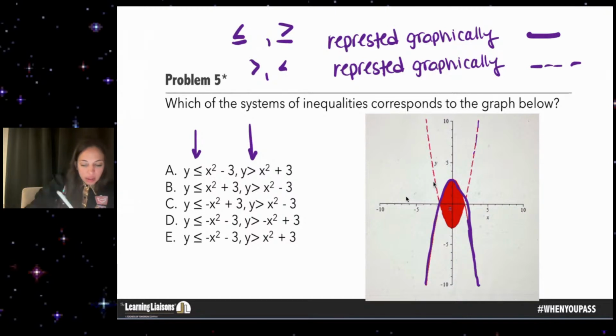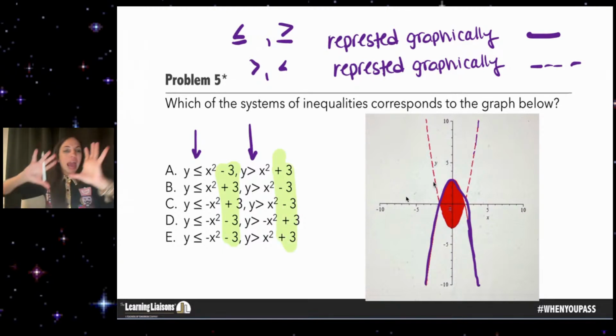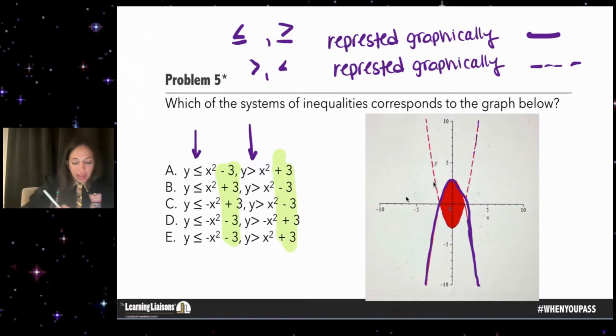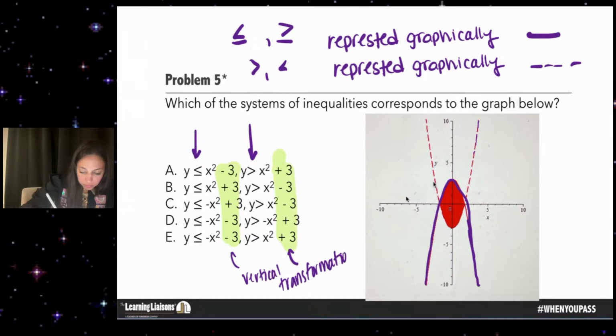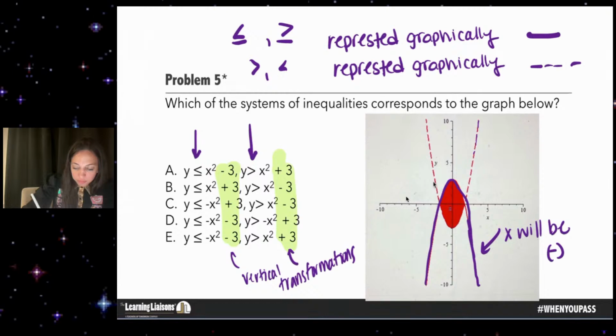How do I know that? Because these all represent vertical transformations because they are outside of the parentheses of x. So these are all vertical transformations. And this is an upside down parabola, which means my x squared will be negative.